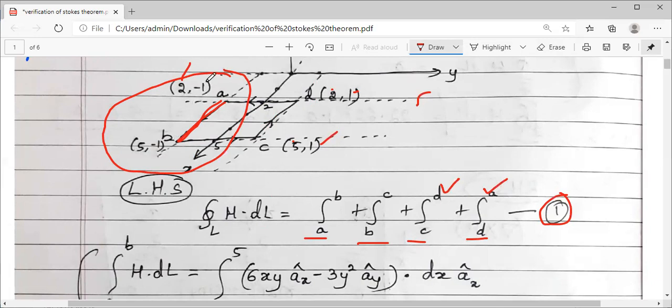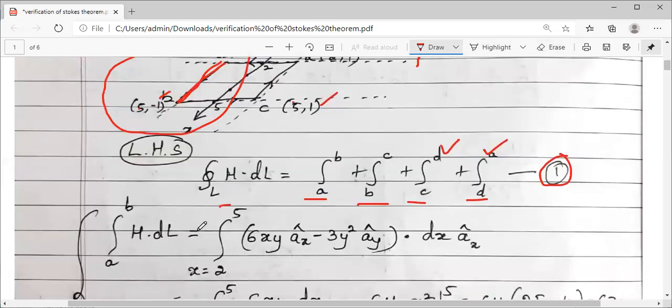Observe, y = -1 is the same, but only x from 2 to 5 is changing. So your integration is over x. And H is given to you, take it as it is. Dot dl. Since x is changing, dl becomes dx in the a_x direction.